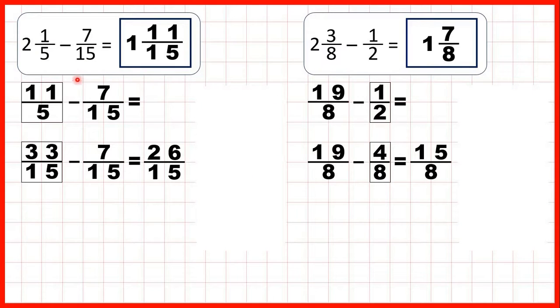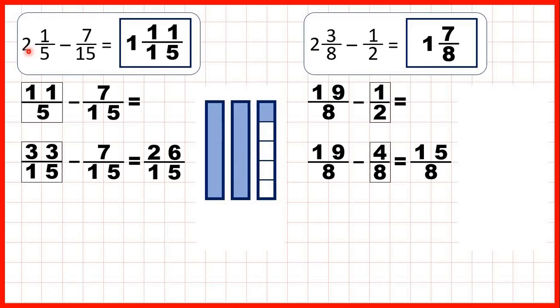So let's use fraction bars to see what we did here. For this first question, we started with 2 and 1/5. We needed to take 7/15 away. First of all, we changed 2 and 1/5 into an improper fraction, so into 11/5.